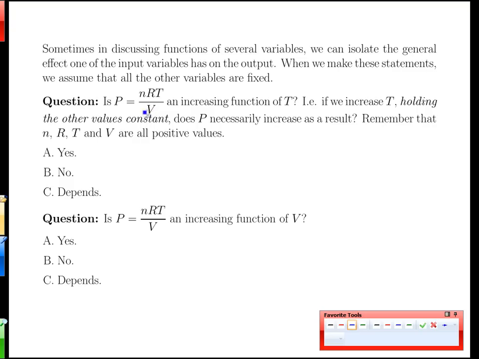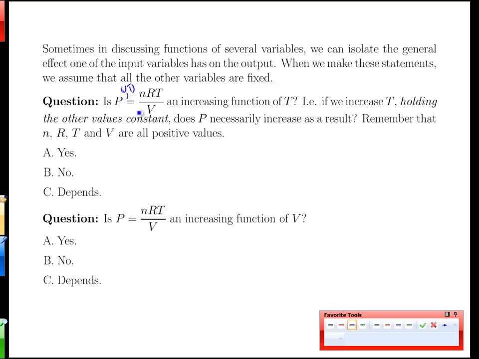What is important from that initial isolation of one variable relative to the others is that when we discuss functions with several variables, we often like to say, if we can, that our overall function, which has multiple inputs, in this case V and T, is how we're thinking of it. How is our output related to the individual inputs, one by one?